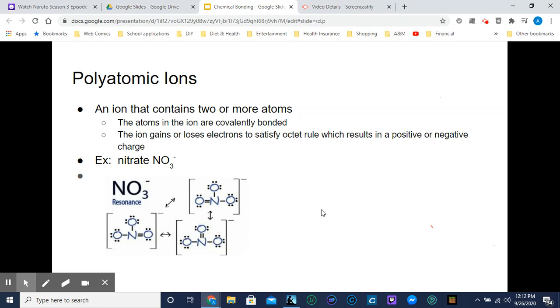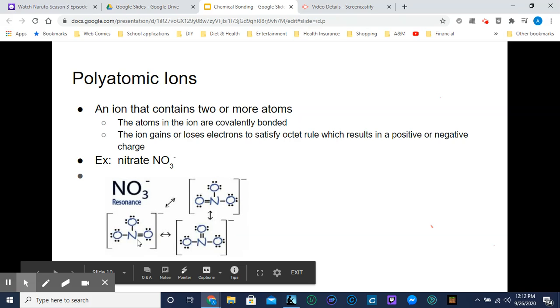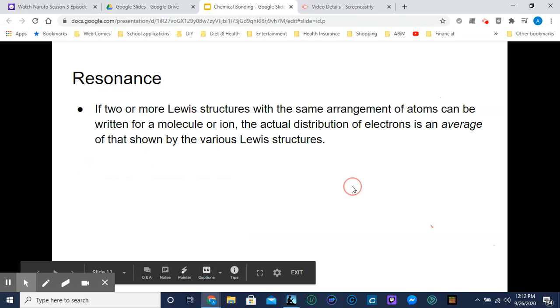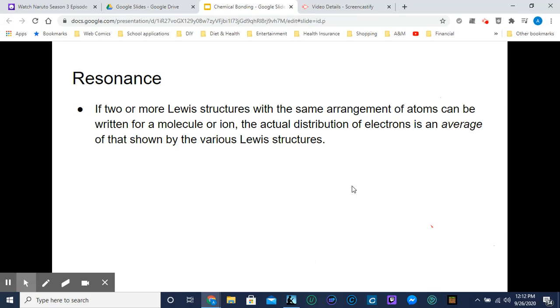And that's what we mean by resonance. So the theory is that nitrate actually spends time in all three of these configurations. So what that means is the actual distribution of electrons is an average shown by all the different Lewis structures that are possible for that atom.